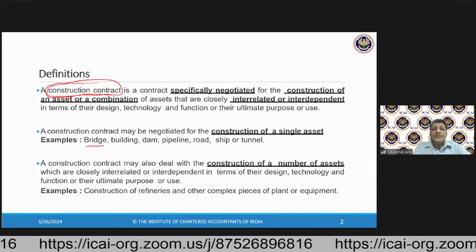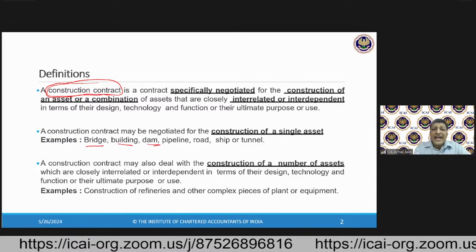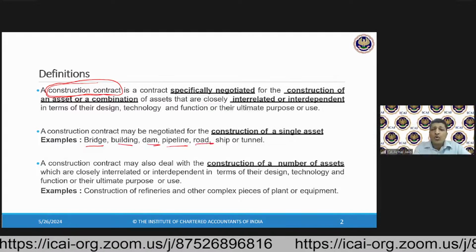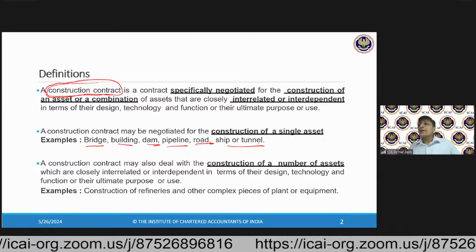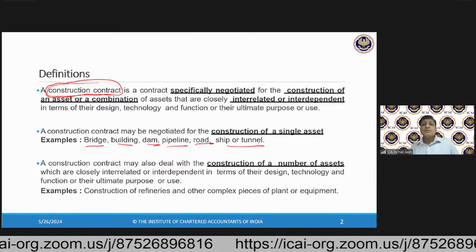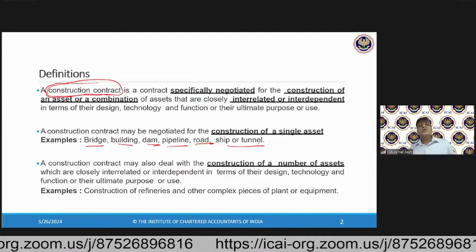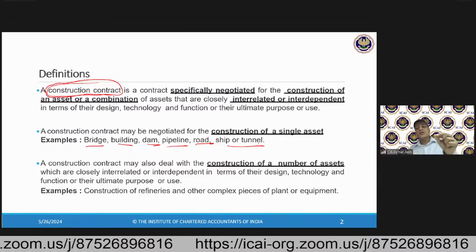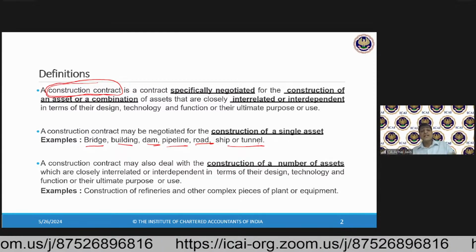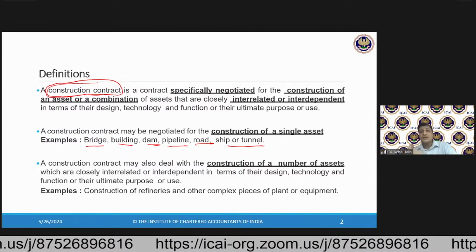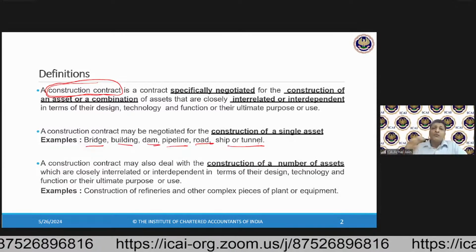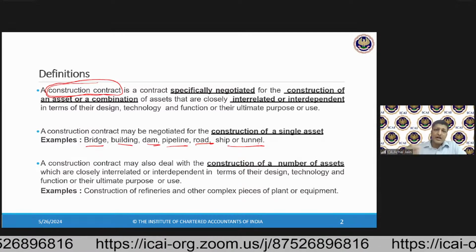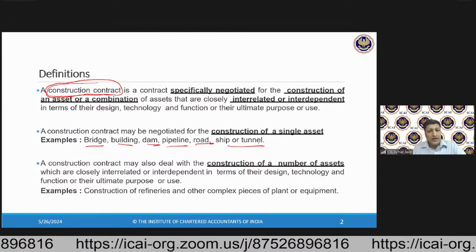Construction of bridge, construction of building, dams, pipelines, road, ship, tunnel. So all of these contracts in terms of their construction, what do you call it as? Construction contract. Means which will take substantial period of time to get completed. And what is that substantial period of time? 1 year or more. So that is how you are required to look at it.